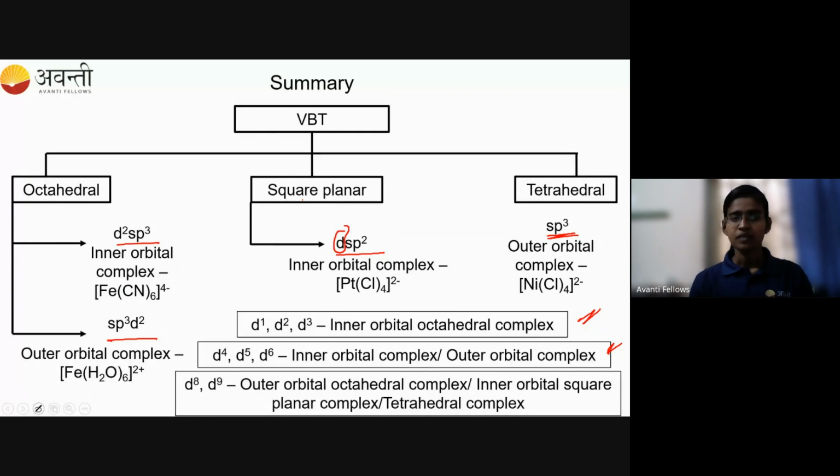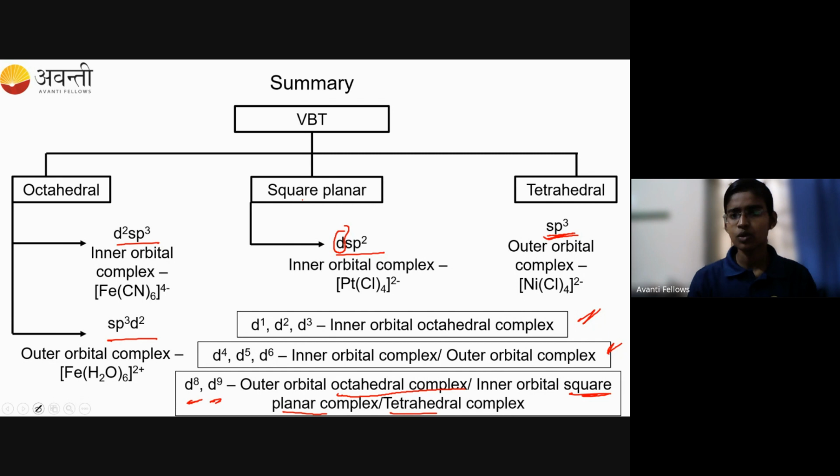Okay, and d8 and d9, these two always form outer orbital octahedral systems. In case of octahedral, these electron configurations will form only outer orbital complexes. And square planar forms inner orbital and tetrahedral also the same thing. In tetrahedral, there is no inner orbital and outer orbital, right?